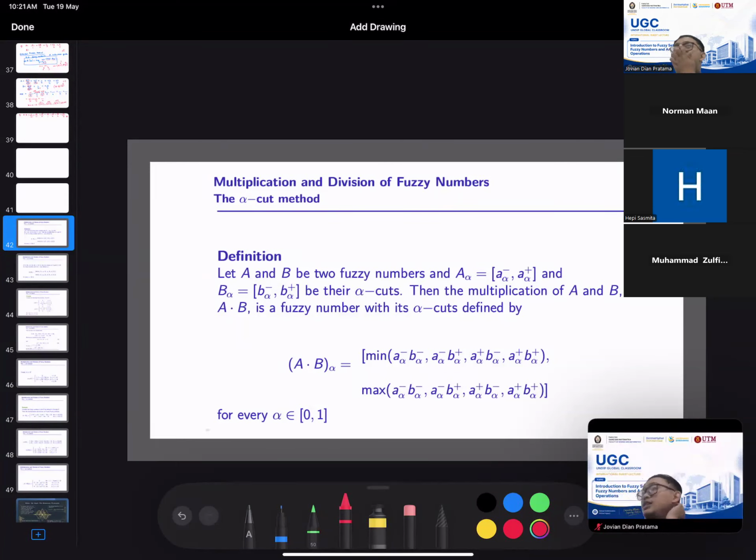I really hope you manage to do this kind of problem. It's quite straightforward. Now we go to the multiplication and division of fuzzy numbers, but for this one we still use the alpha cut method.